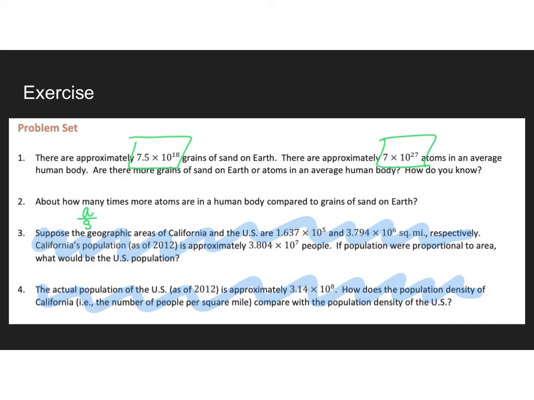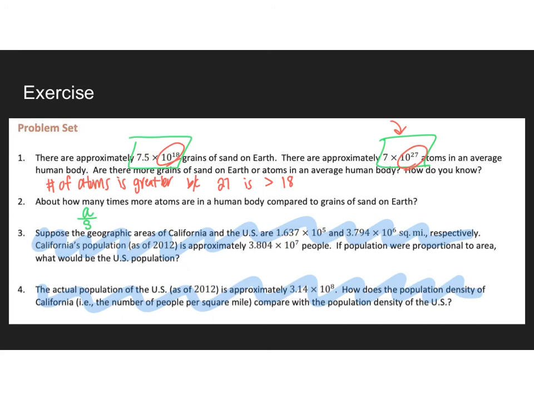All right, at this time you are checking your work. You should have solved these two. First one, you should know that the number of atoms is greater than the sand because our exponent is to the 27th power and this is to the 18th.